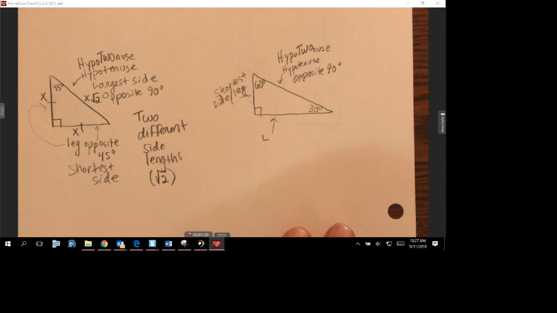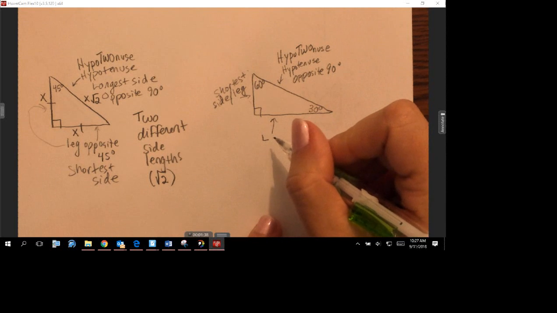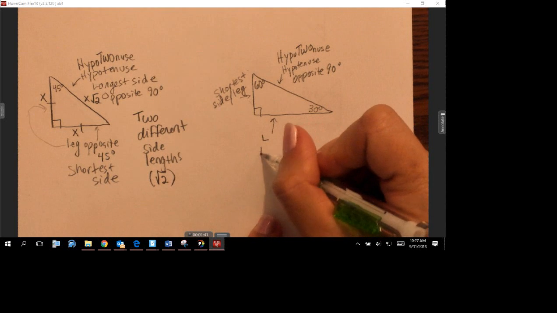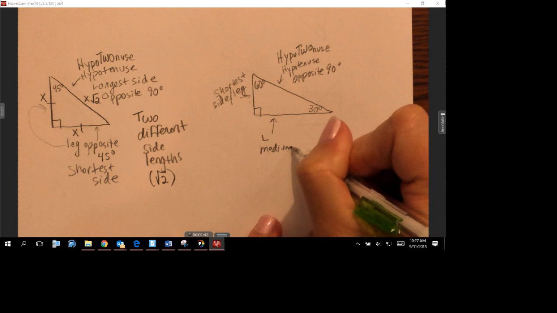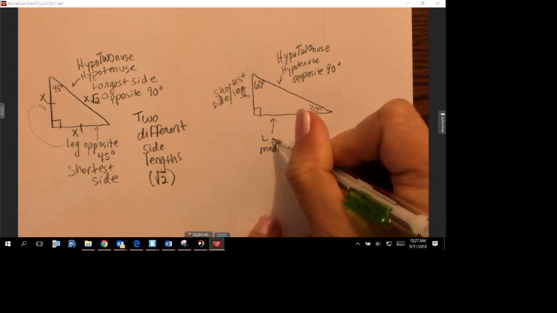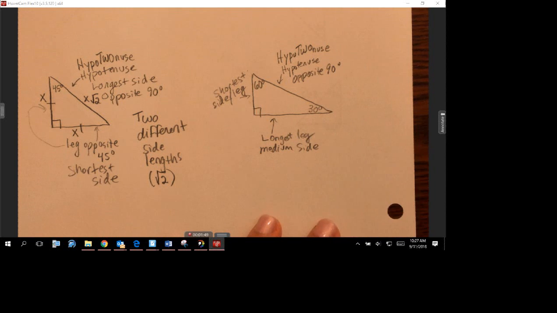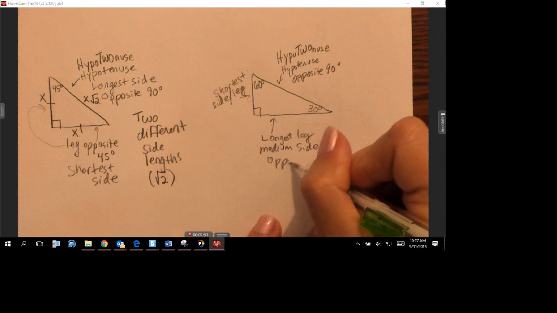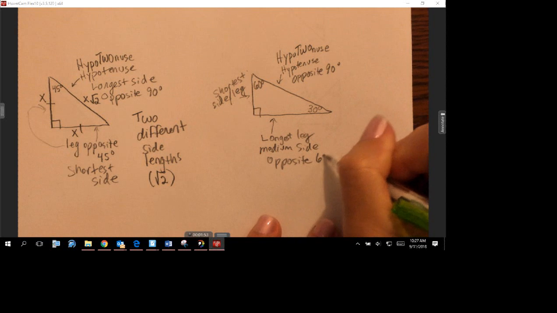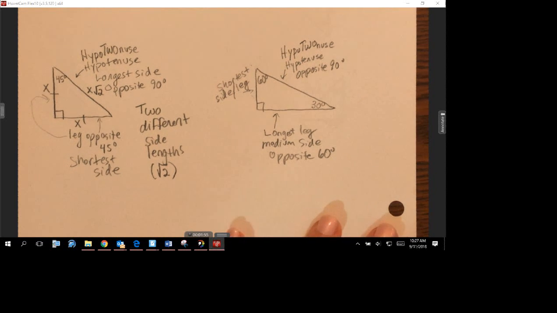Because hypotenuse, no, the hypotenuse is not a leg. So it is the longest leg or the longer side, medium side. I'm going to call it the medium side. Or I call it the longest leg. It's opposite 60 degrees.